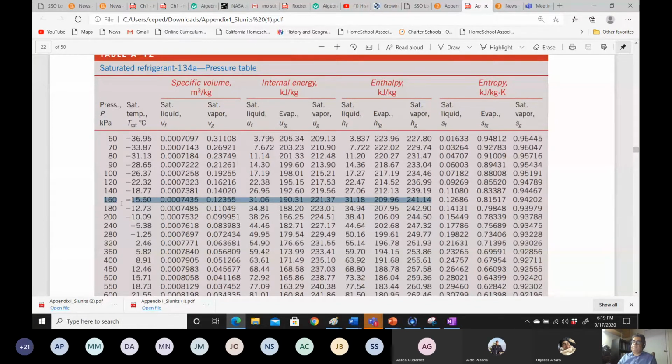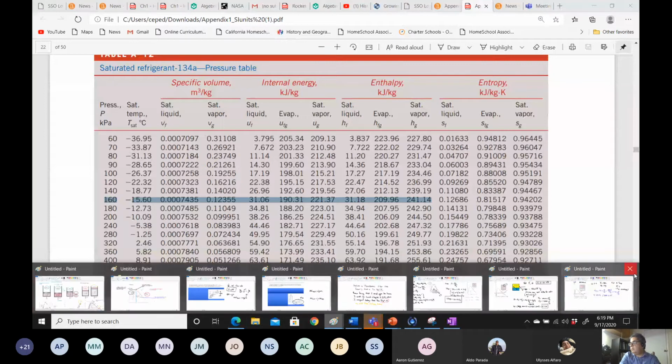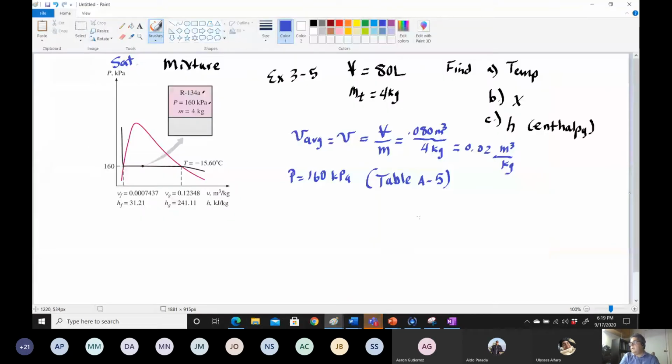So if you have R134A at 160 kilopascal, which is compressed relative to atmospheric at 101.3, then this is the temperature of that refrigerant: minus 15.60. So let's go ahead and do that. This is not right, this is for water.